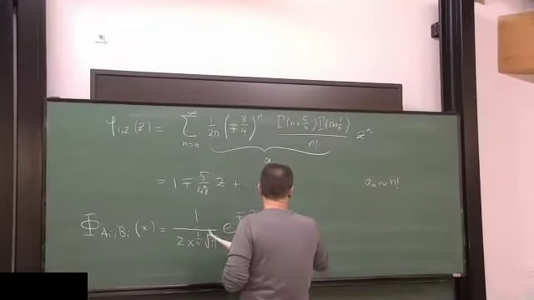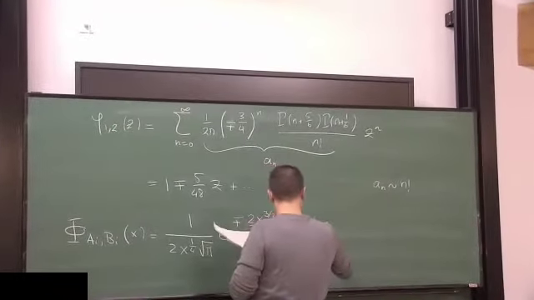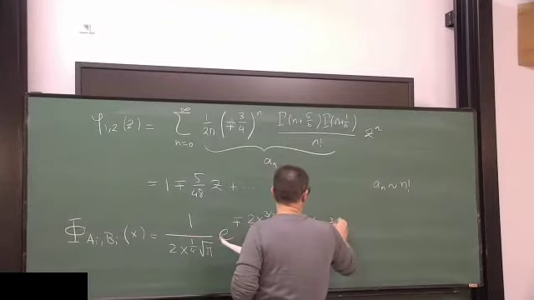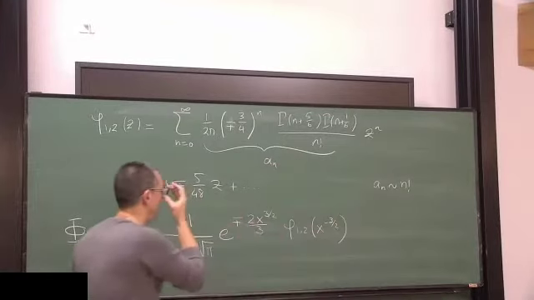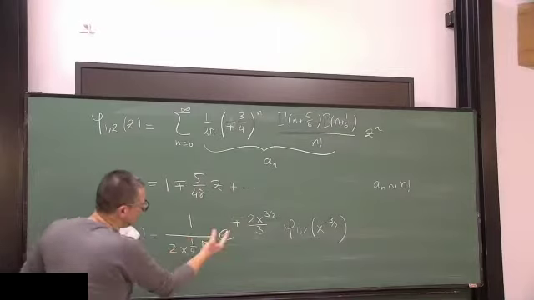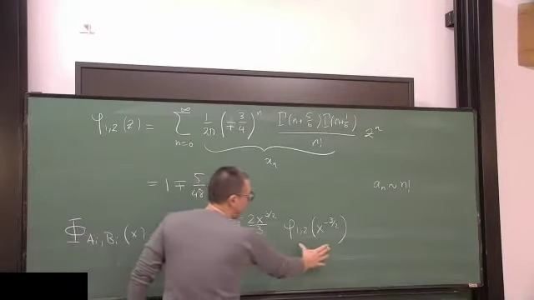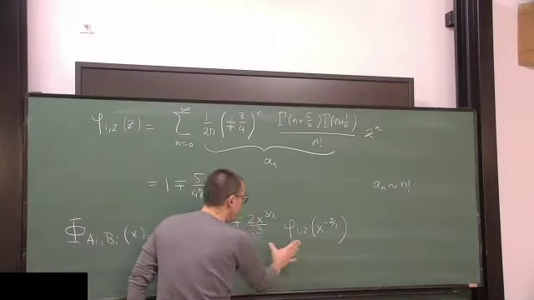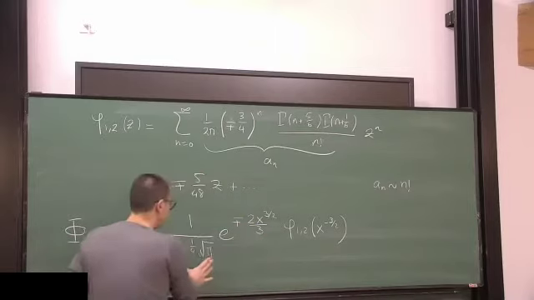You have phi 1 over 2, we start with x to the minus 3 halves. So these formal functions are given by this formal power series multiplied by some exponentials and with a prefactor.